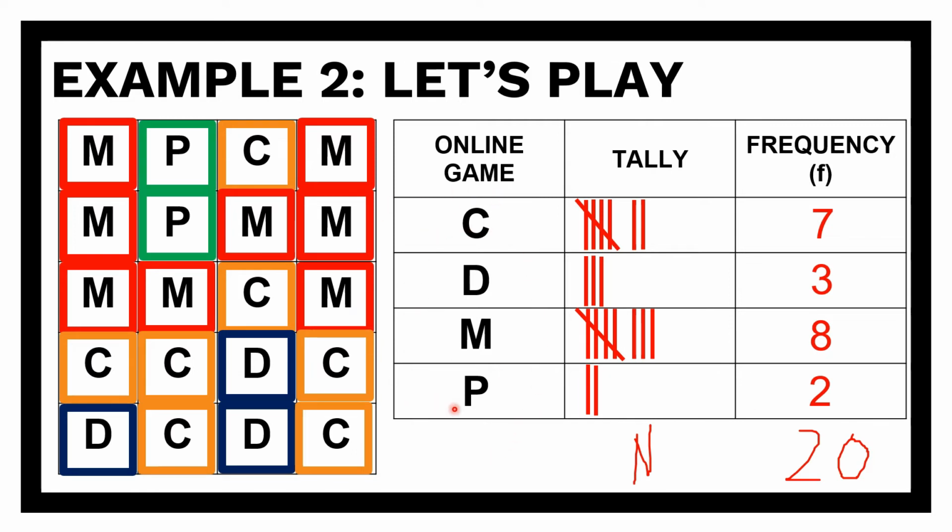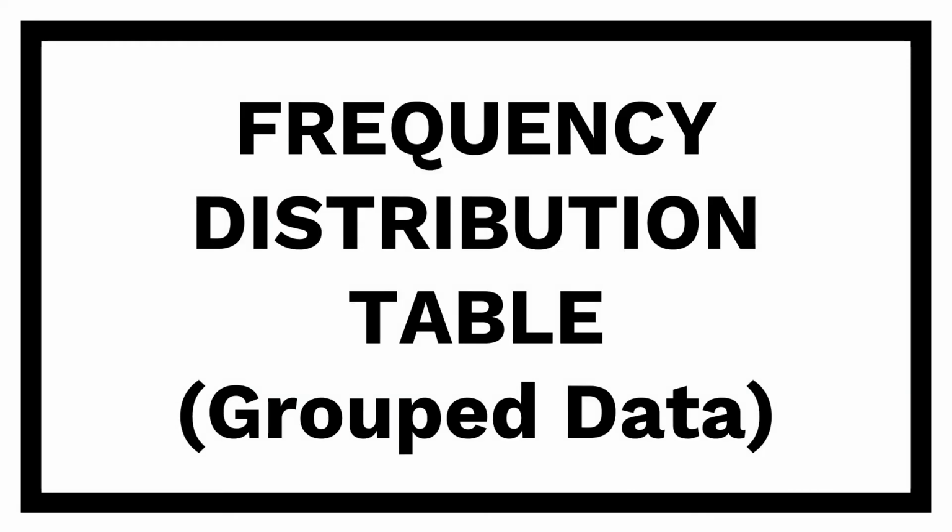But if the variable that we have is more than 10 or more than 20, it is no longer advisable to have this frequency distribution for ungrouped data. That is now the time that we have to move to frequency distribution table for grouped data.